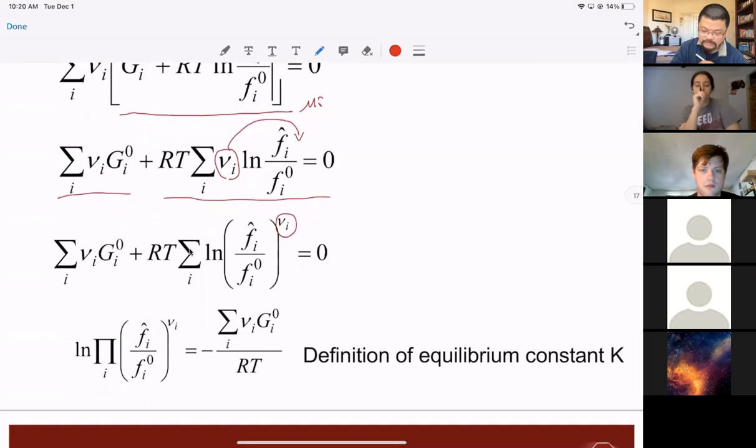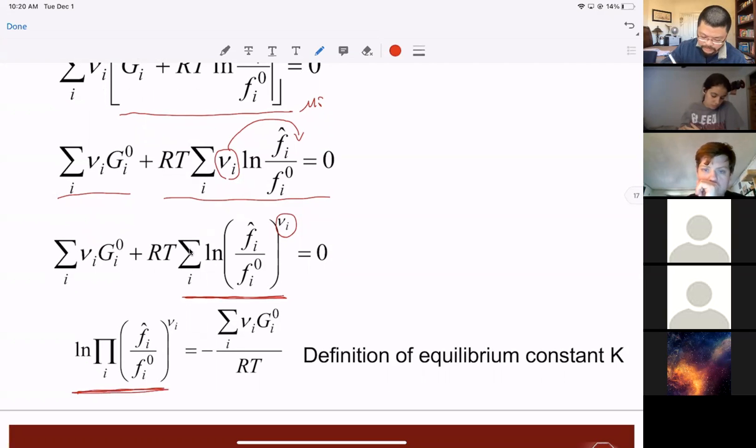The last thing I can do is reorganize the terms. So I'm going to have the summation of the log, and I'm going to manipulate that so that it will be a product.